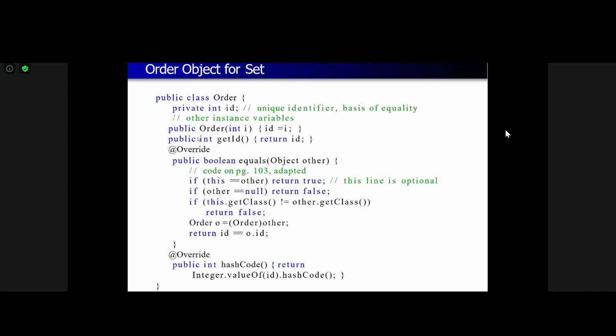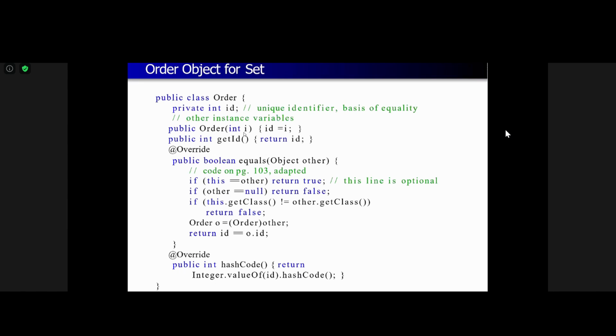It has to have a getter for the ID, and probably getters for other instance variables. But what we want to look at now is the equality. We want to make equality based on this ID value. So if you have two Order objects for ID 100, we'll consider them equal. So how do we do that?